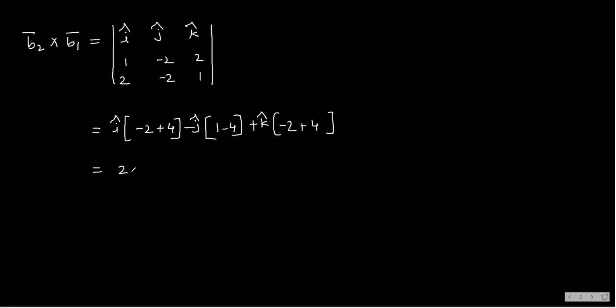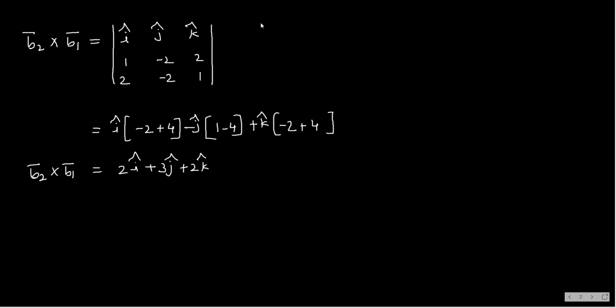So I get 2i cap plus 3j cap, because this is going to get me negative 3, plus 2k cap. And this is B2 bar cross B1 bar.